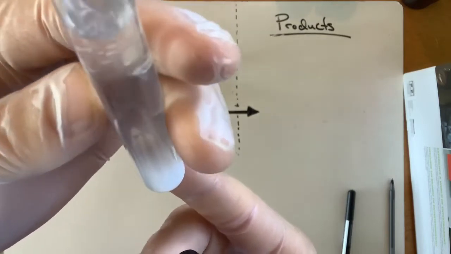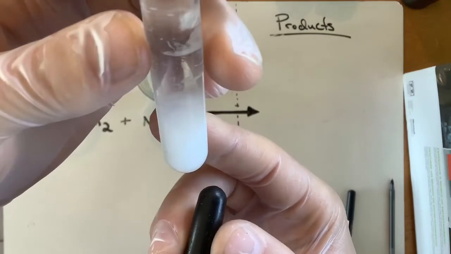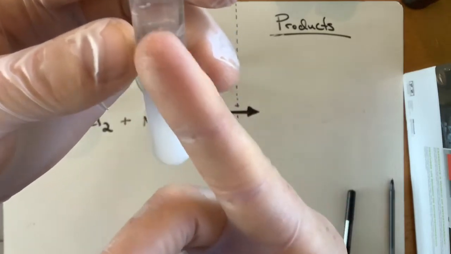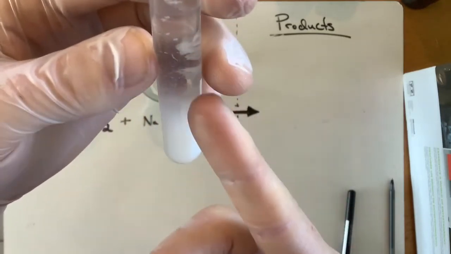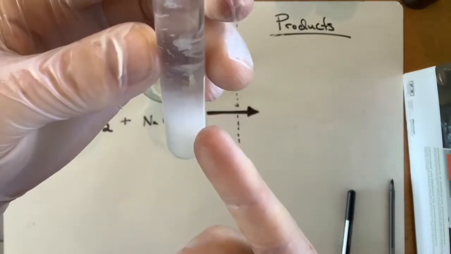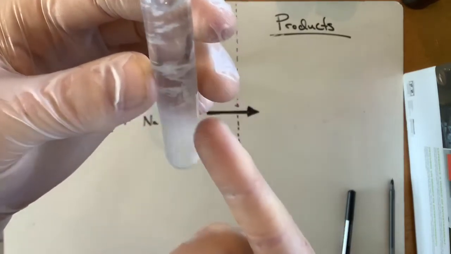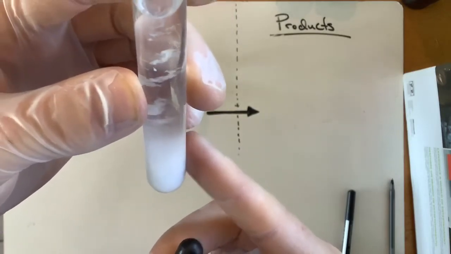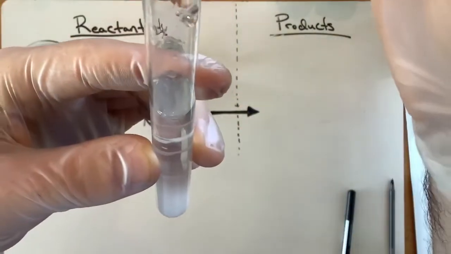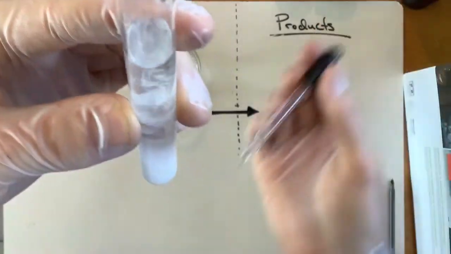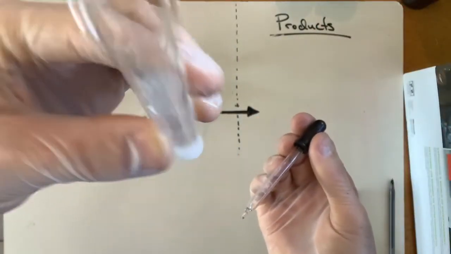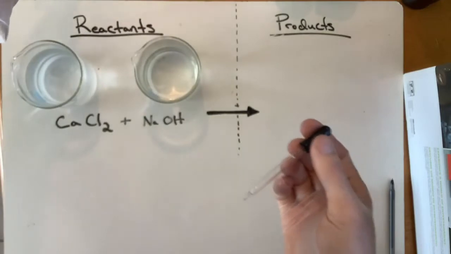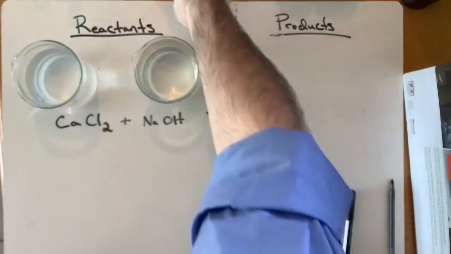What's happening is we're forming a solid here. That's again what we call a precipitate, and that solid is kind of sinking down, finding its way to the bottom of that test tube. So the formation of this precipitate is one of those really good pieces of evidence that a chemical reaction is taking place.